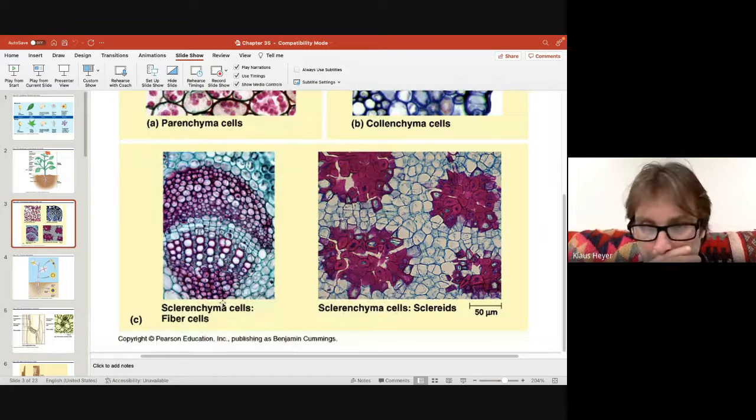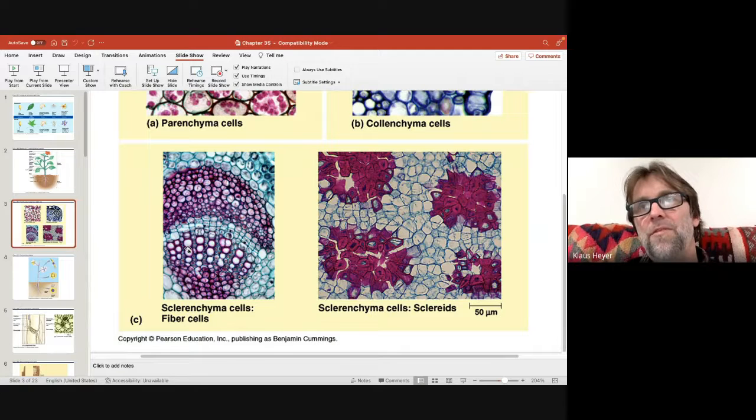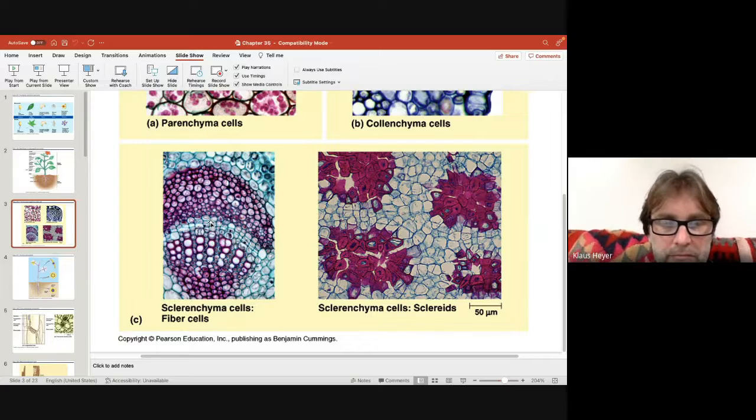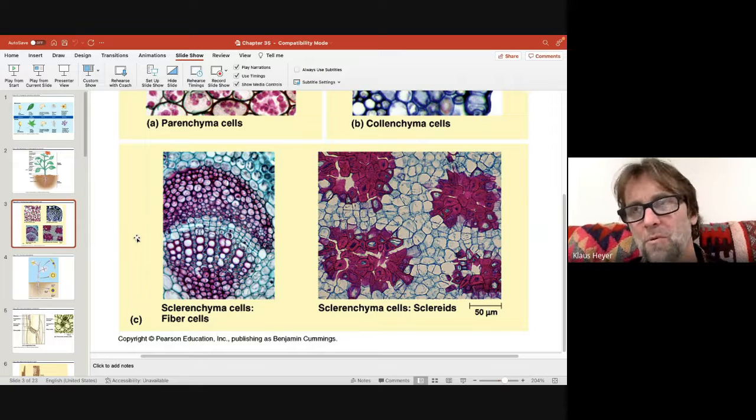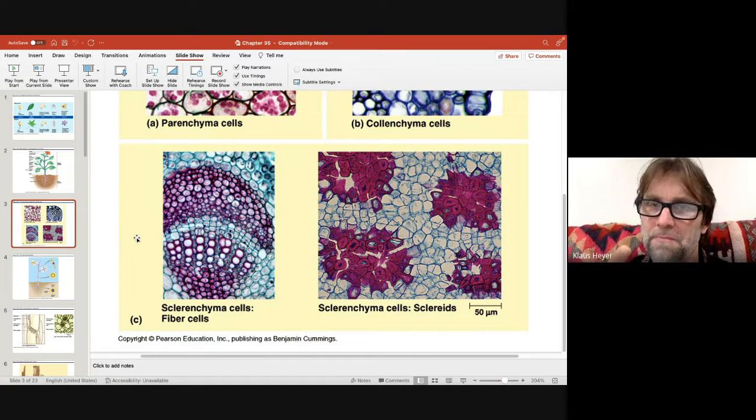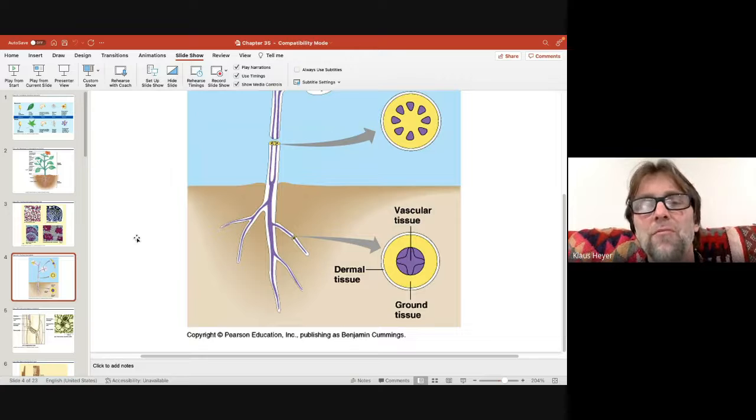Sclerenchyma, thick cell walls. It's like a double wall. So you've got three parts of the plant, three types of plant cells, three types of plant tissues.